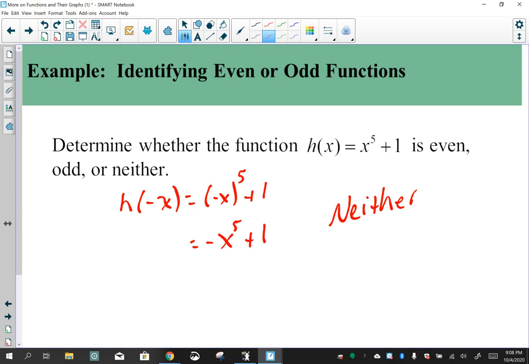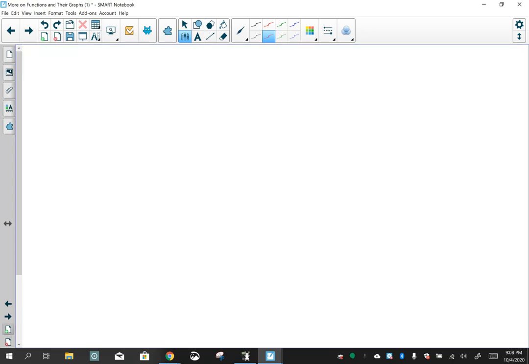So let's try this one more time. Let's say g of x is equal to x to the fourth minus 2x squared. So what I'm going to do is come over here and say g of negative x.